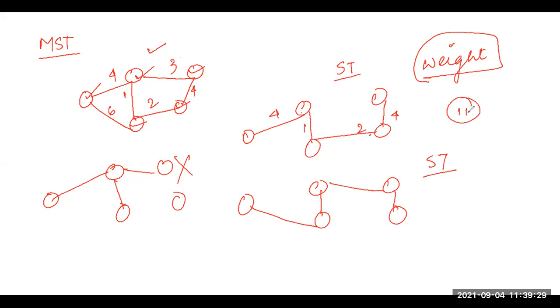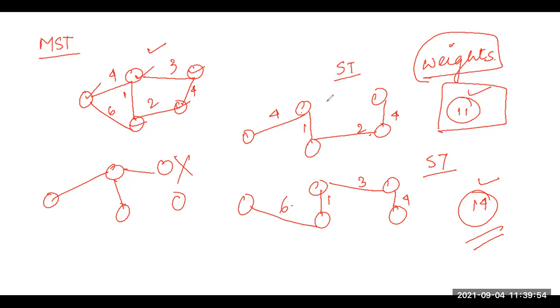And this spanning tree's weight would be 6 plus 4, 10, 3 plus 1, 14. So by assigning weights, we get different values for the spanning trees. If I ask which is the minimum of these two, obviously 11 is less than 14. So if asked to represent the minimum spanning tree, I will obviously choose this one.